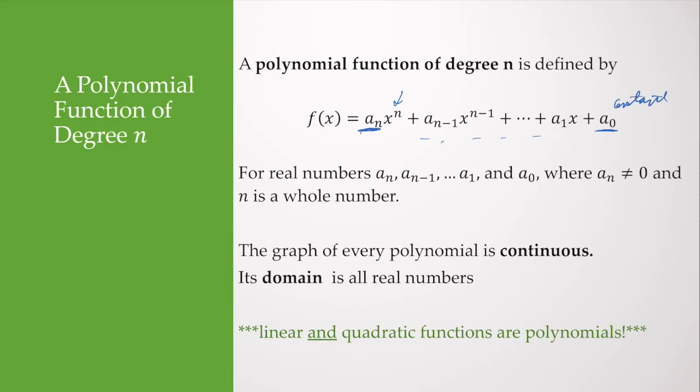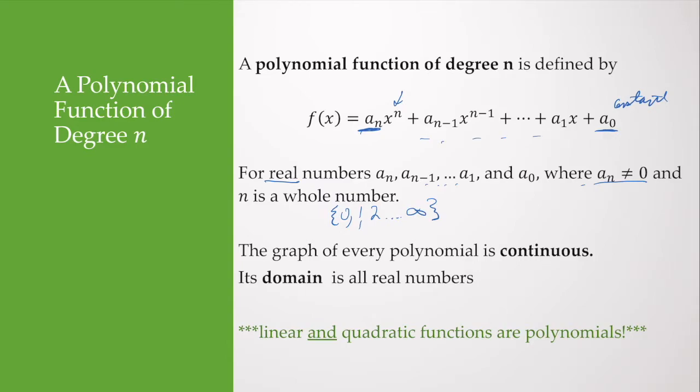All of those coefficients, a sub n minus 1, and so on, are real numbers. Our leading term cannot be 0, and n is a whole number. So for our function to be a polynomial, n has to be a whole number. Remember, our whole numbers are 0, 1, 2, and so on.